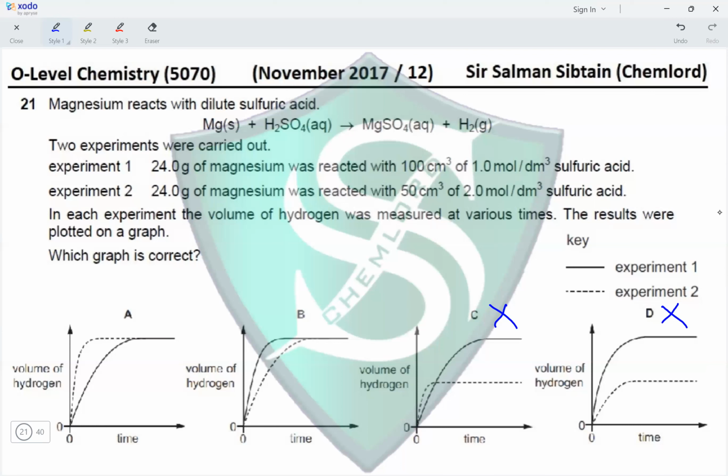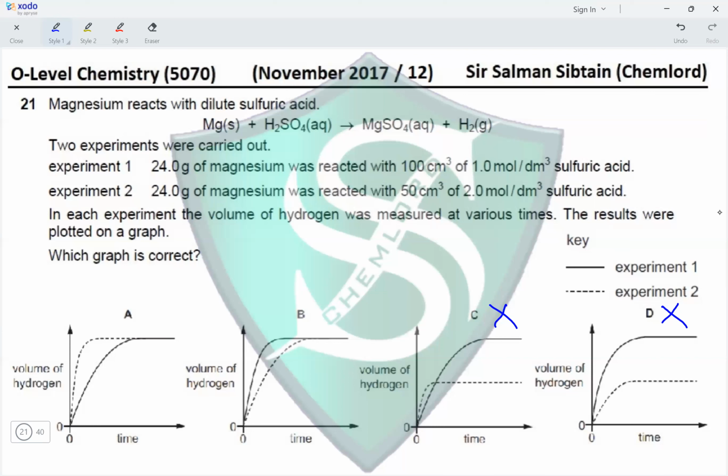Now, this depends on the concentration of sulfuric acid used, because if the lower concentration is used, the lower of the two, then the hydrogen gas would be produced more slowly. And if we are considering the higher concentration, then the hydrogen gas will be produced more quickly.